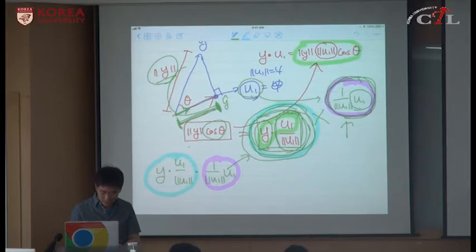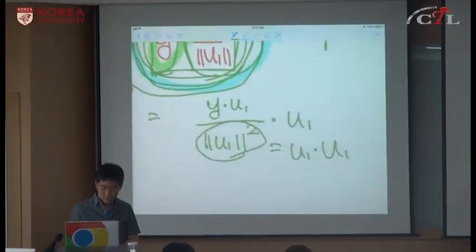Okay, then once you rearrange it, the lengths will be multiplied together twice, right? And then y and u1 and u1. And this is represented as u1 dot product with u1 itself, right?